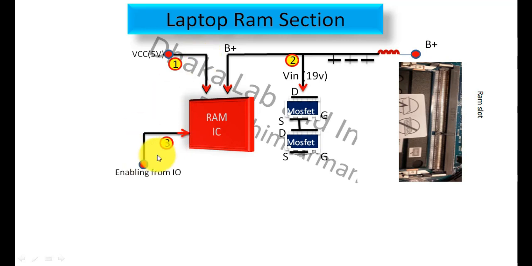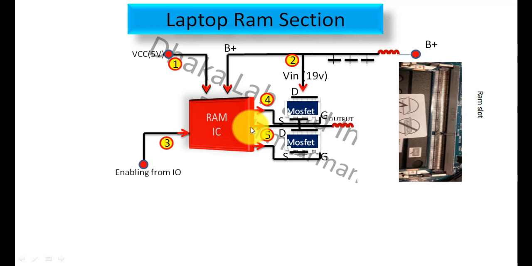After enabling, from IO, there will be switching of those two MOSFETs. The two MOSFETs will be switched by the RAM IC.